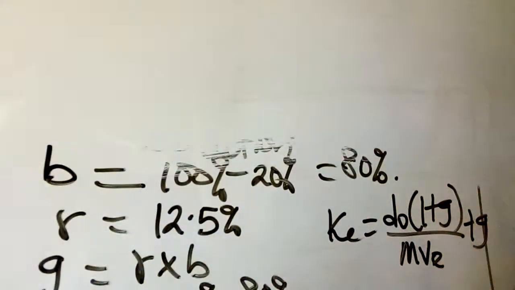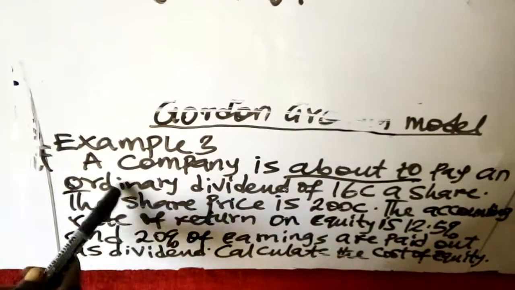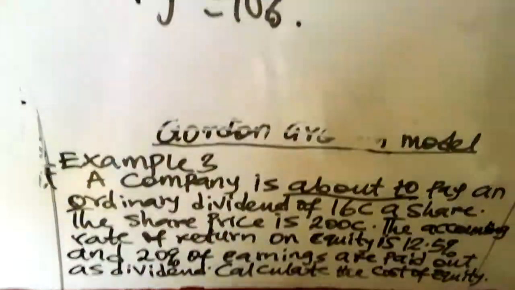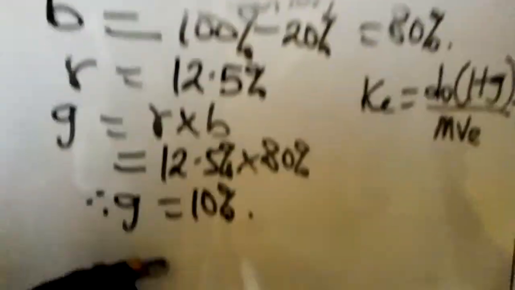Now, how much is the dividend, our D0? We were told a company is about to pay an ordinary dividend of 16 cents. The dividend is 16 cents. The growth rate has been calculated as 10%.